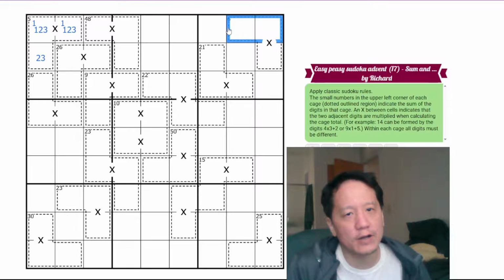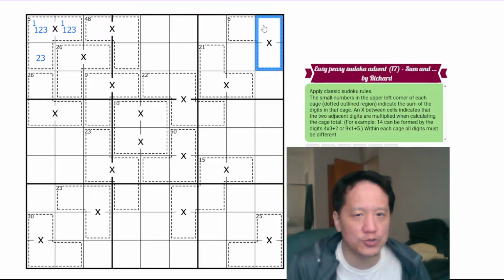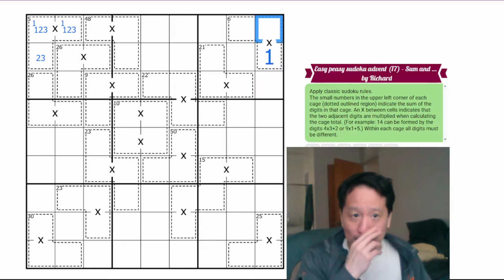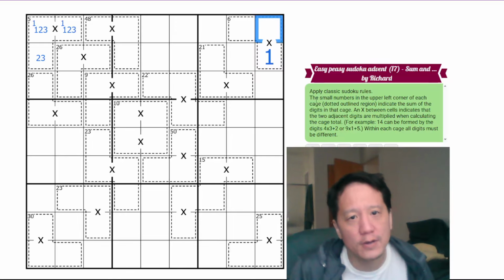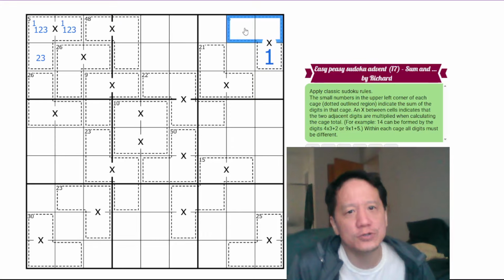Similarly, where can you have this multiplied by 1, or non-1 here? No, because that would be 2 times 3 plus 1 at minimum, which adds up to 7 at minimum. So there has to be a 1 here. It cannot be here. It has to be here. So you have a 1 here. And I think this has to be 2 times 4, right? It has to add up to 6.